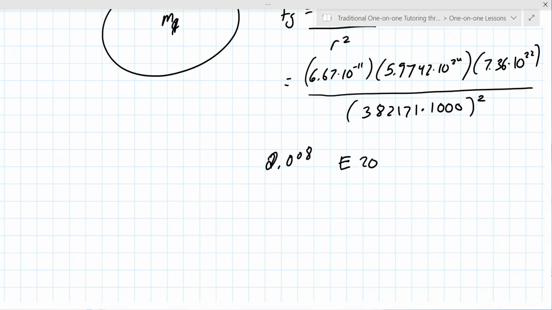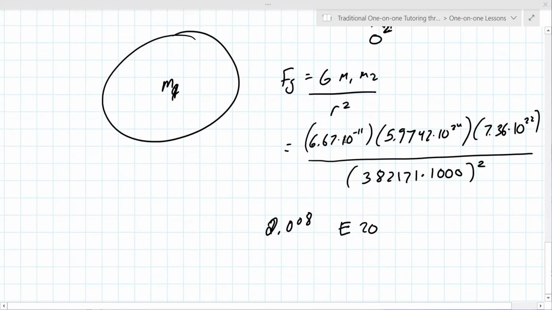I can check this for you. Did you get E to the minus 11 in this one? Yeah, I'm not sure.